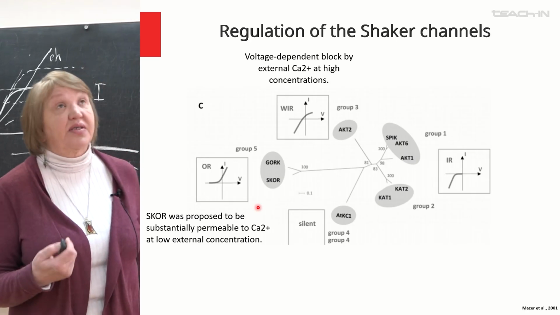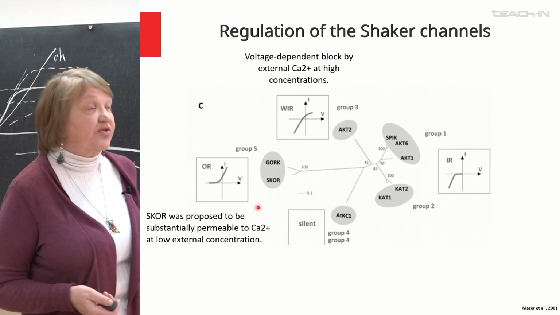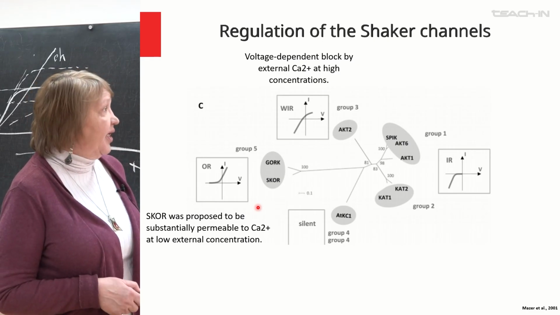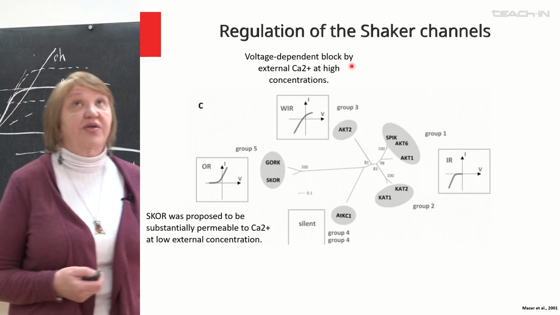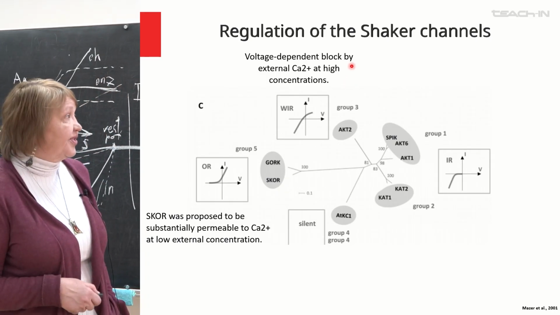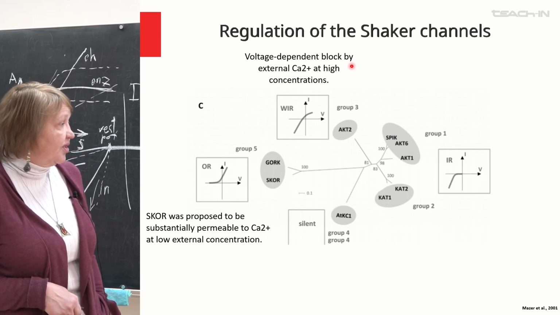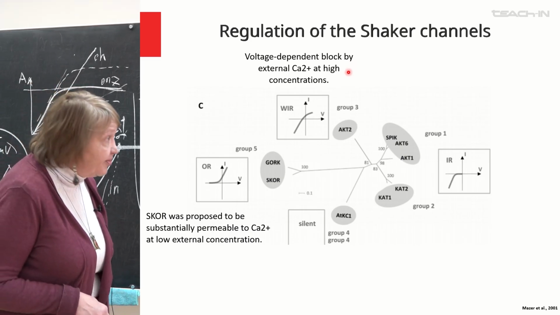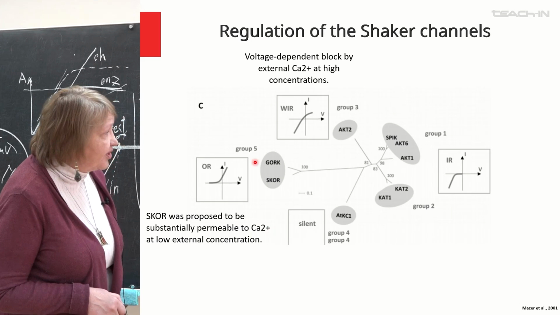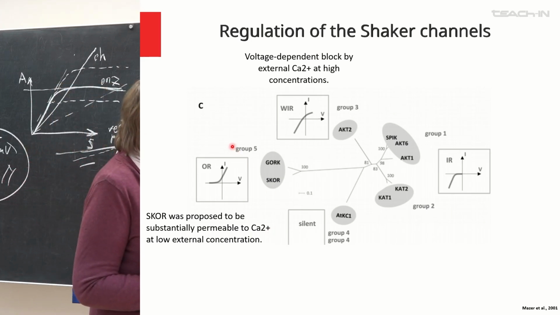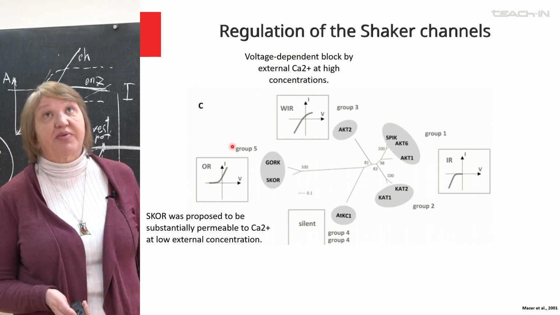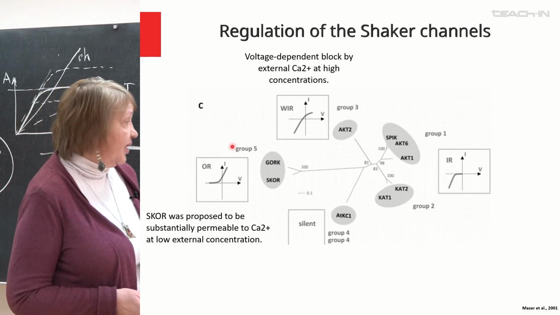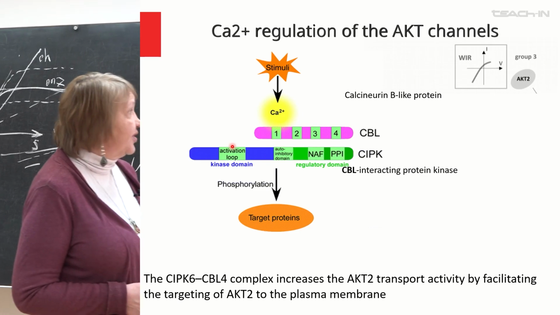Calcium is very important in regulation of potassium channel activity, and internal calcium can block potassium channels at high concentration. Whereas some channels like SKOR, which is outward rectifying, are proposed to be substantially permeable to calcium at low external concentration.